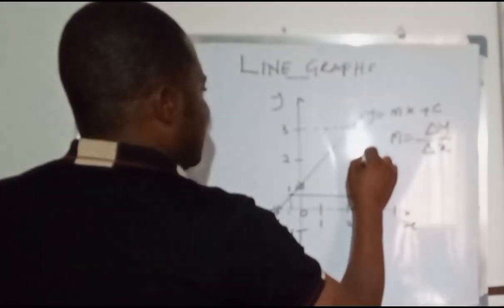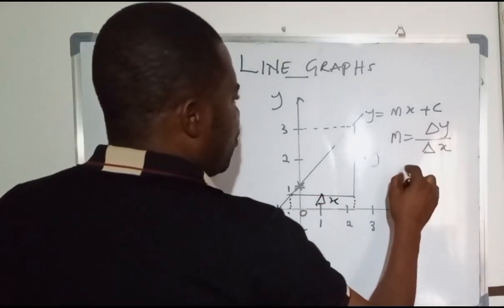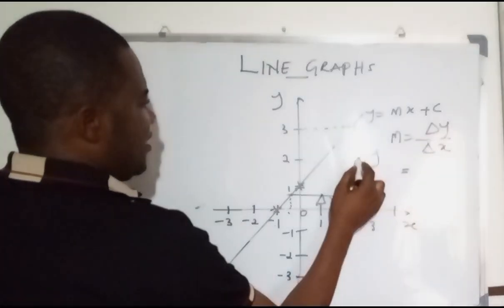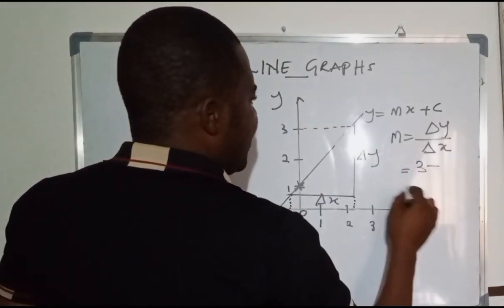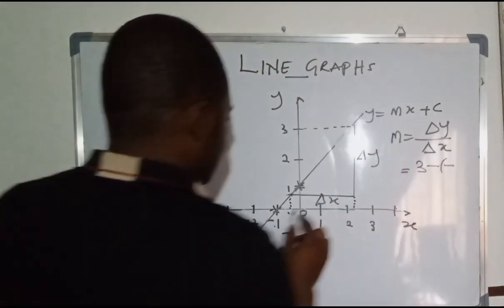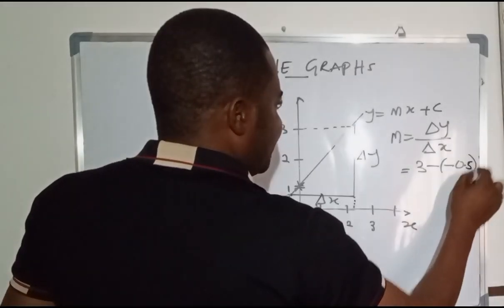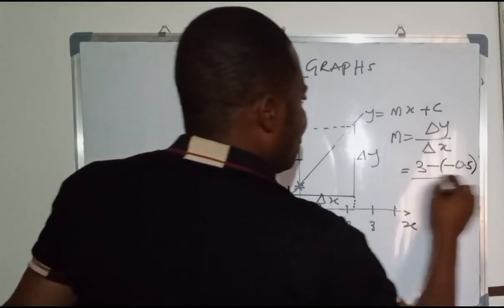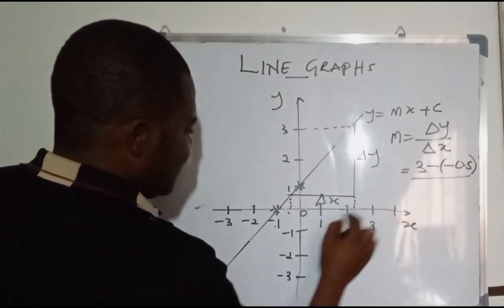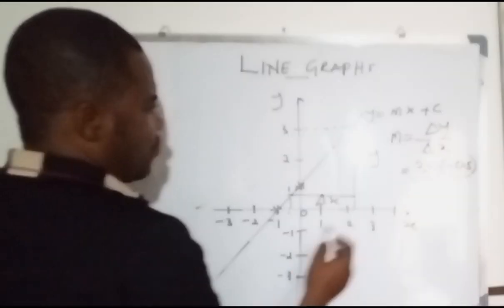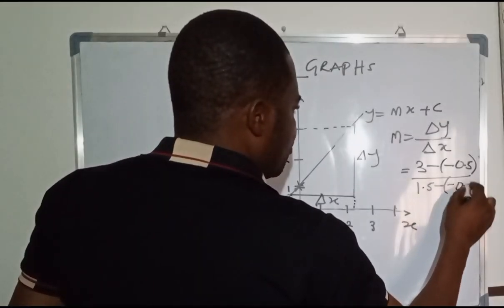Now, if this is our change in y and this is our change in x, the change in y is going to be 3 minus 0.5, all over the change in x, which is about 1.5 minus 0.5.